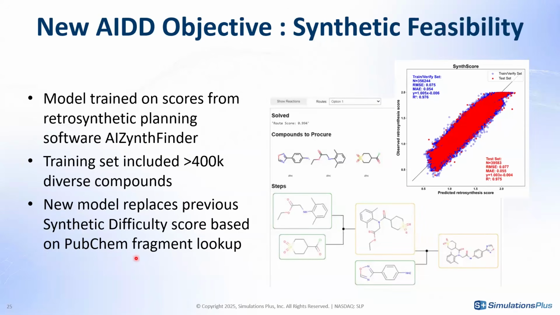It's based on PubChem fragment lookup. The model performance is actually very, very good. It doesn't look as good here because of the density of the 400,000 points, but the RMSE is actually extremely low here. The scores vary, I think, from somewhere around 0 to 2 here, with the higher numbers being more synthesizable.